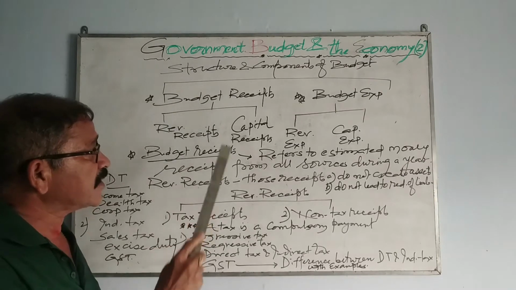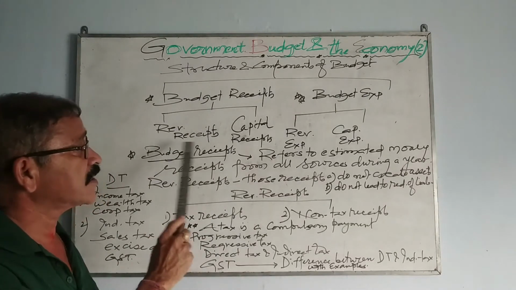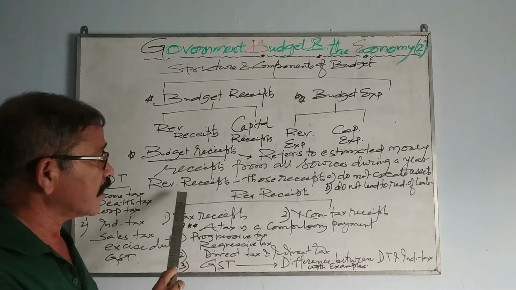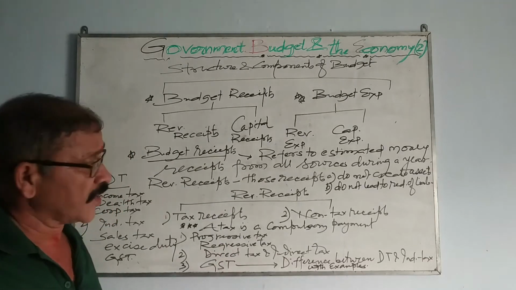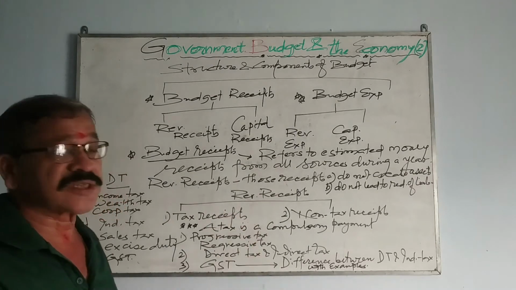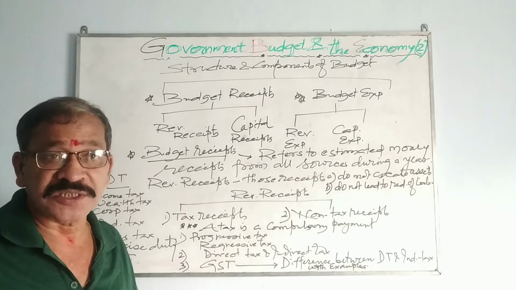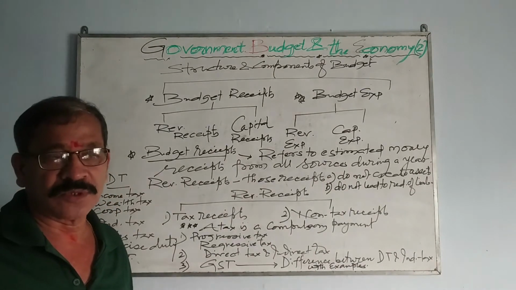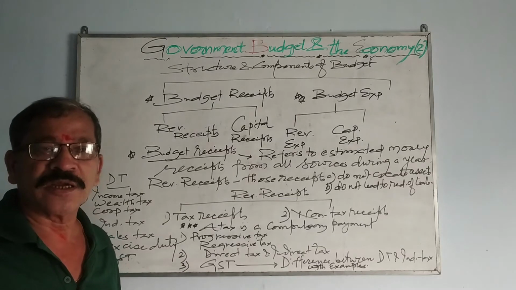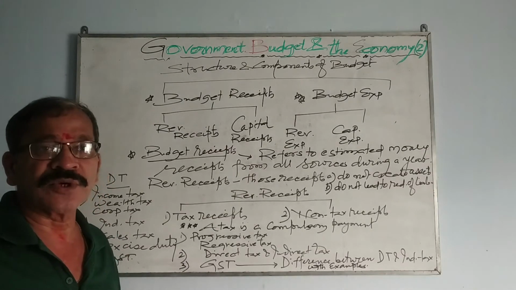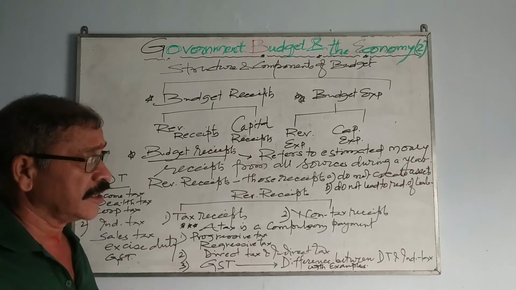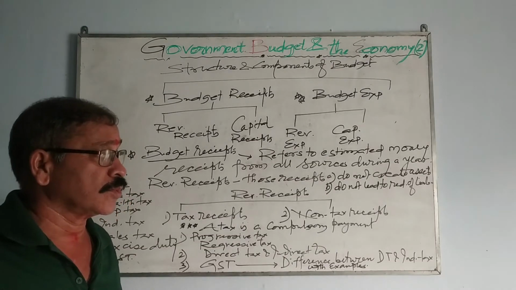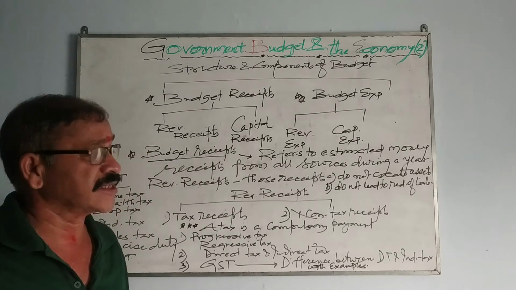Now, budget receipts have two types. One is revenue receipts, the other one is capital receipts. So, what are revenue receipts? Revenue receipts are those receipts which the government receives, which do not create any assets. When you receive the money, it does not lead to the creation of any assets, nor to reduction of assets.